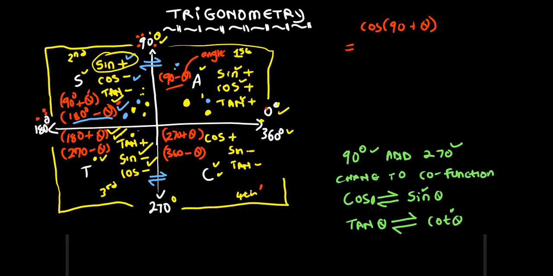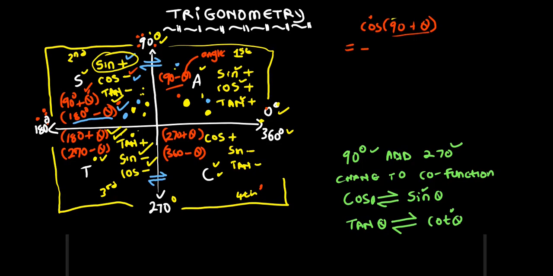We look for cos 90 plus theta. Do we have cos 90 plus theta on the first quadrant? No. Do we have it on the second quadrant? Yes, here it is. Then we check, is cos positive or negative on the second quadrant? It is negative. So our answer is going to be negative.